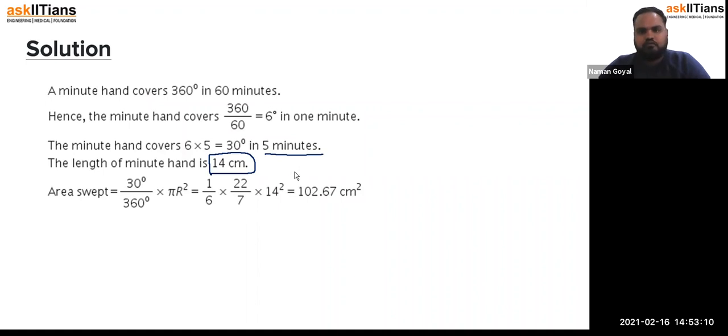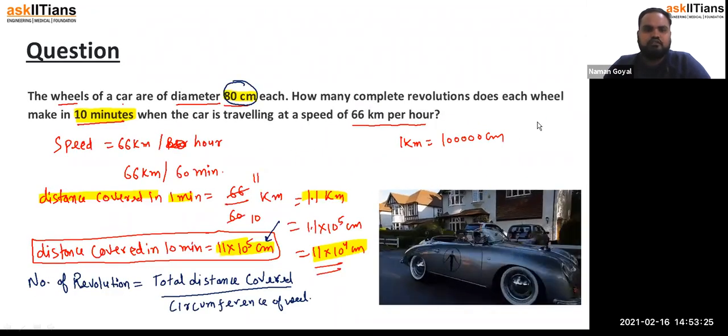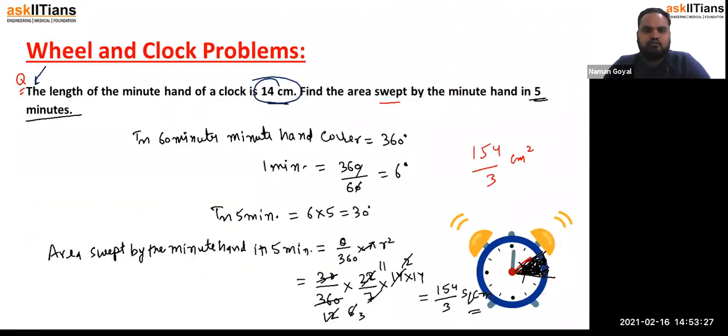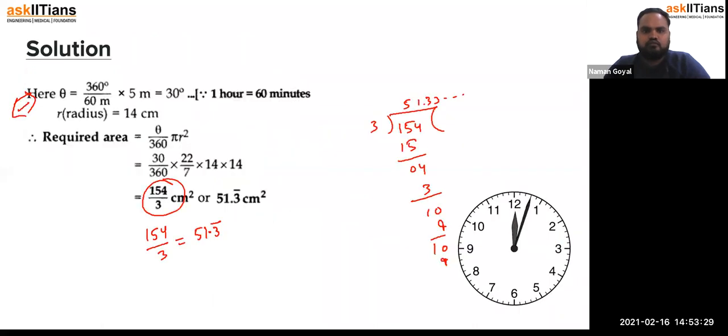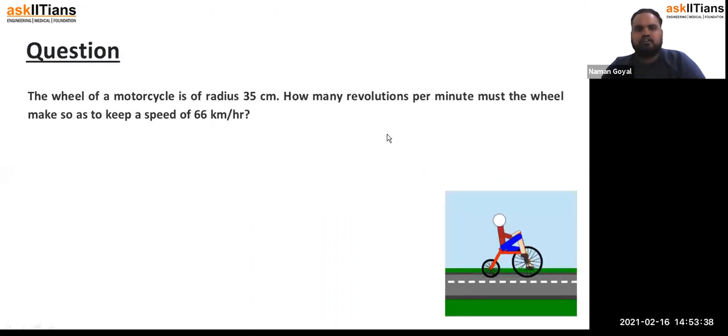But what I did is I just changed the length of the minute hand, not the time. The time is 5 minutes. I changed it because the question is the same as we saw in the previous one. Are you getting my point? Okay, we can do this, right? Okay. Now see, next question.